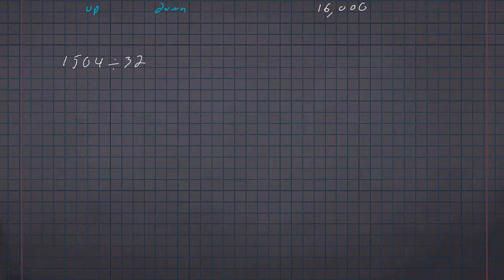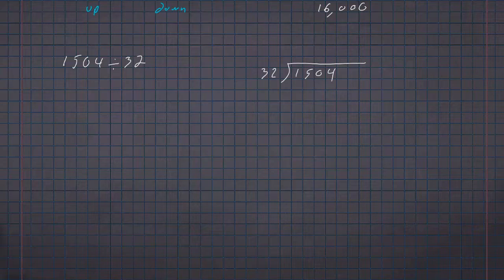For example, if I want to take 1,504 divided by 32, setting this up, I will use a long division box and start working through piece by piece. Looking at 32 is kind of challenging.